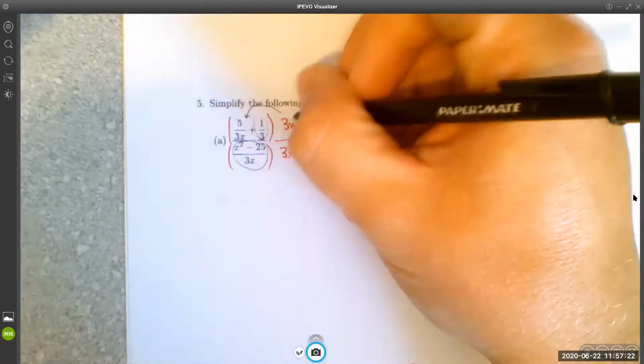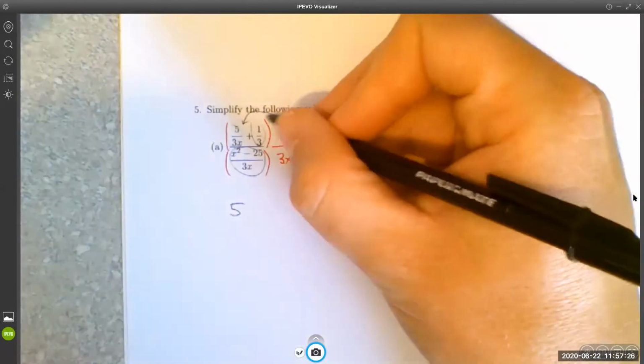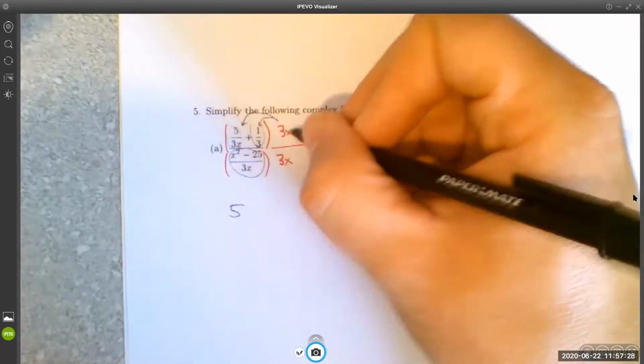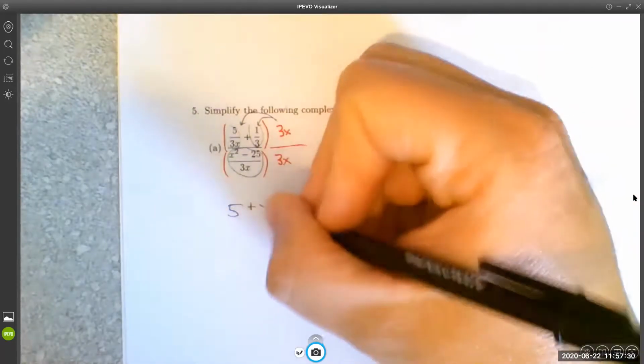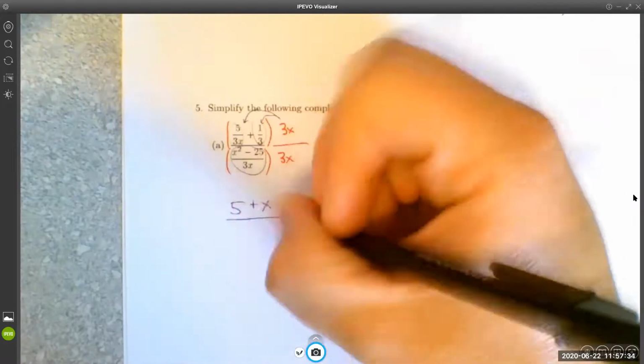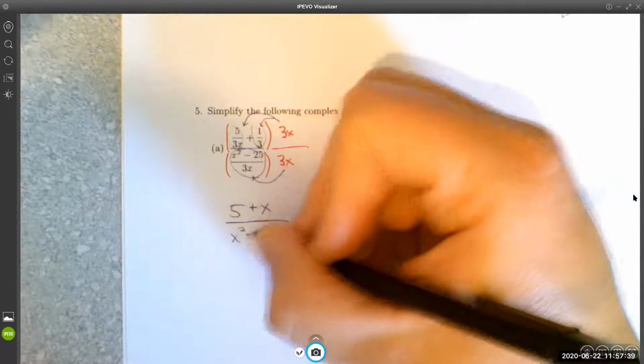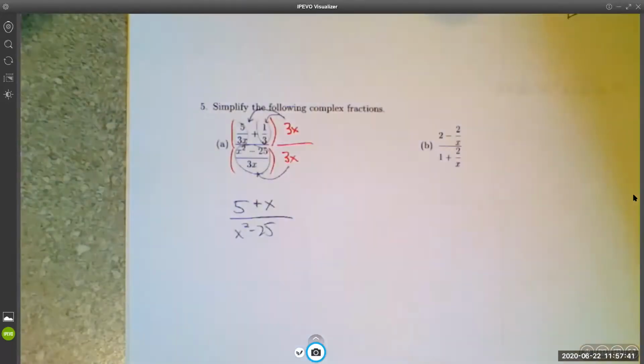So when I distribute here, the 3x's cancel, I'm left with 5. When I distribute here, the 3's cancel, but that leaves me with an x. X times 1, right, which is x. And in the denominator, the 3x's cancel, and that leaves me with x squared minus 25. So that does the trick of clearing all of the little fractions within the larger fraction.